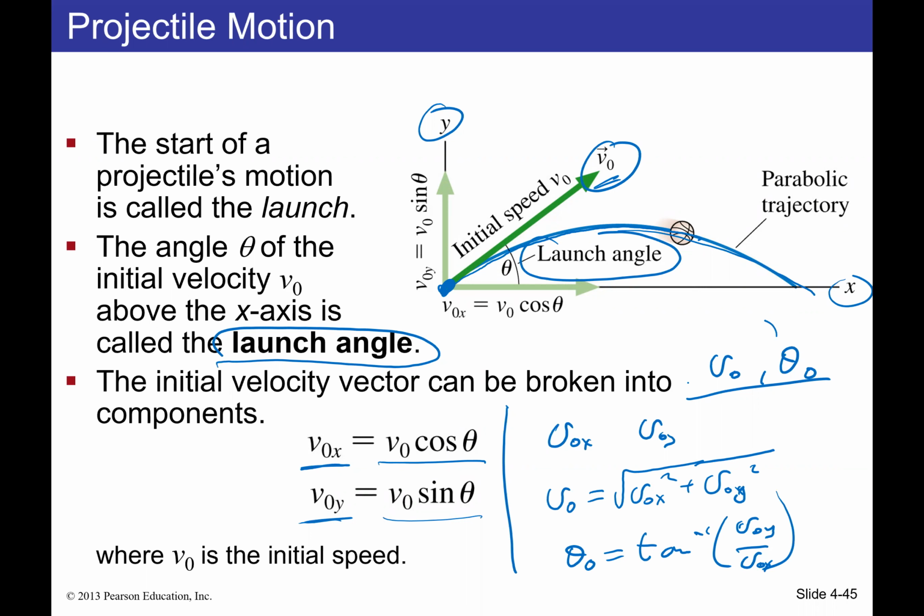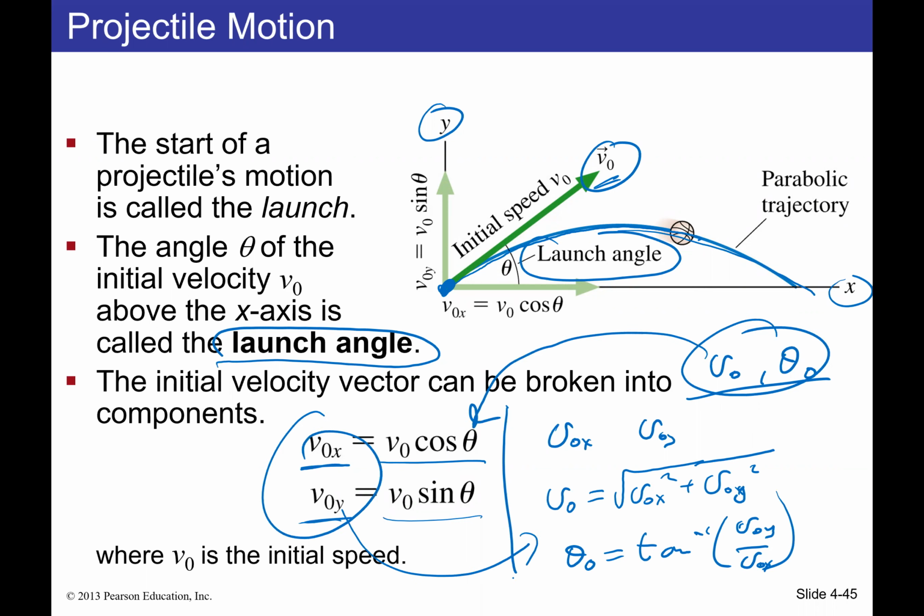That means given speed and angle, calculate the components, or given components, calculate the speed and direction of your parent initial vector. You can go back and forth, because in some problems you can solve for the components first and then use that to find the magnitude of the initial velocity.